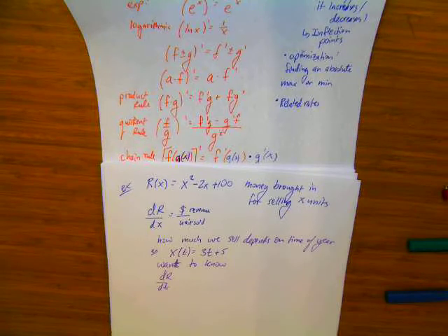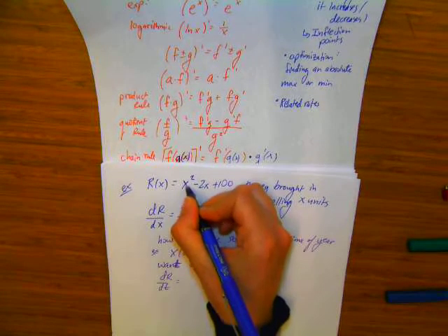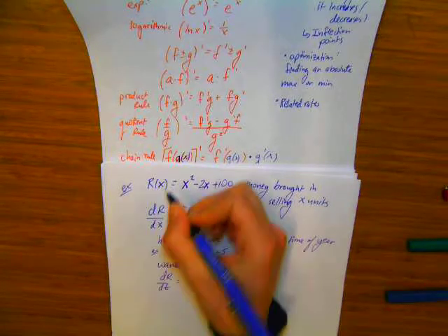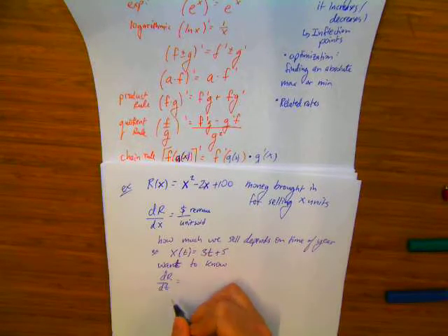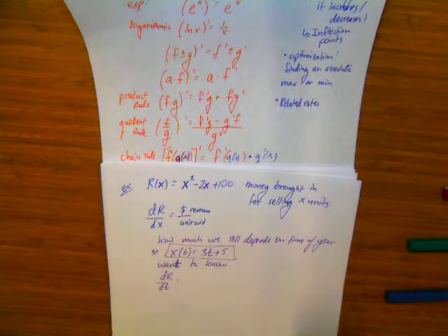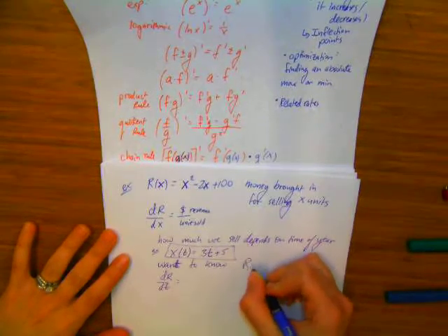Okay, and you take a derivative. And so I have x in my revenue equation, but I want to get dr dt. And I'm given this equation. Okay, so let's write revenue instead with time.